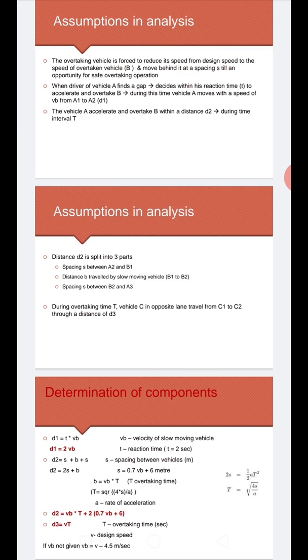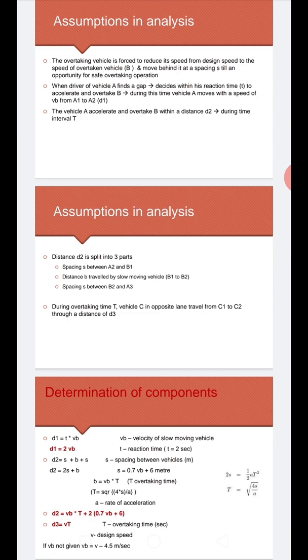Now the determination of components. Small d1 is equal to t times vb, where t is the reaction time of the driver for overtaking sight distance. The driver reacts instantly, so the reaction time is taken as 2 seconds.